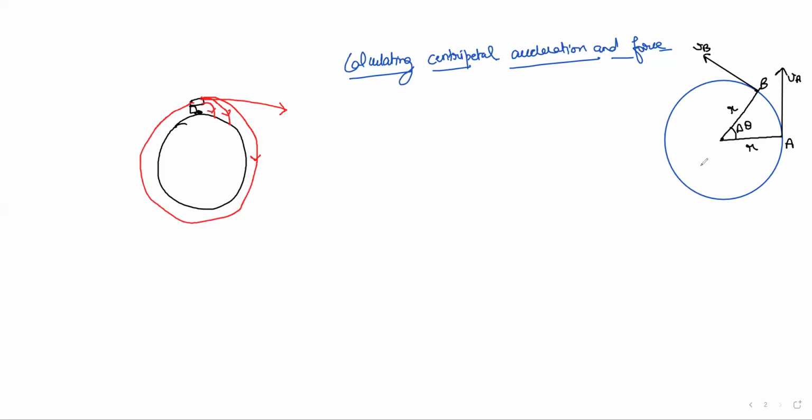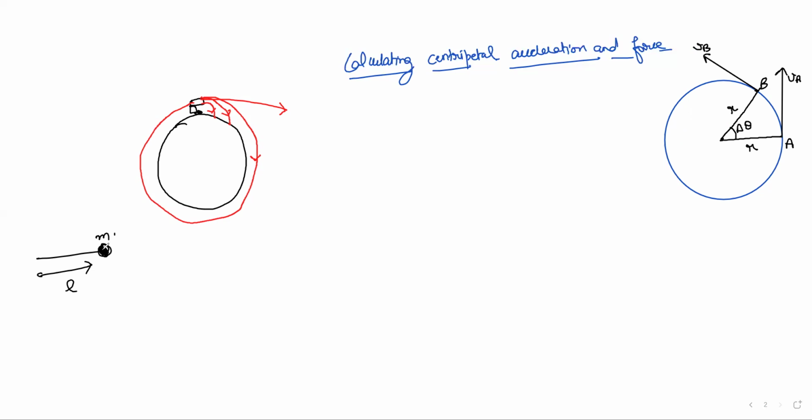Before deriving this expression, if I ask you, what factors do you think the force required to keep a stone, let's say, tied to a string of length L, with the mass of the stone M, revolving in a circle, a centripetal force will be there.